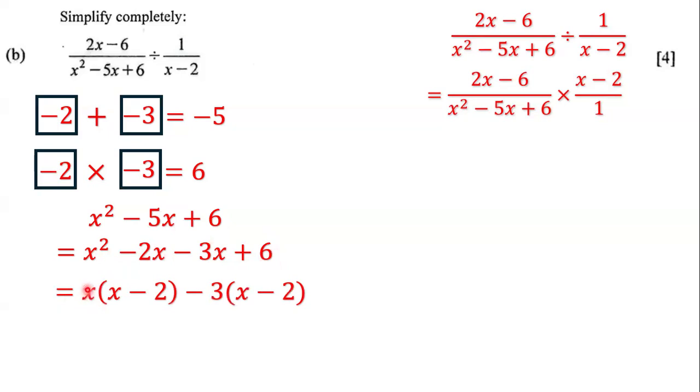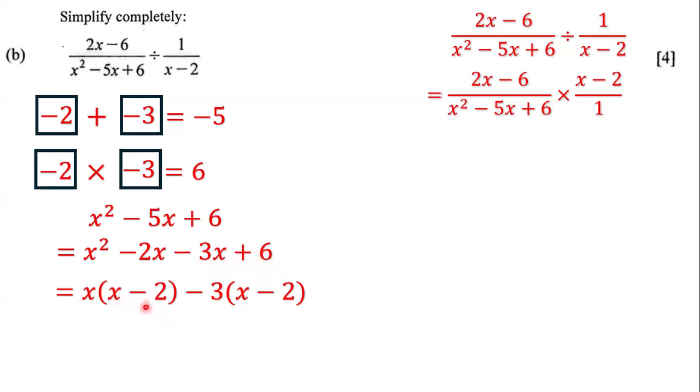And it makes sense because x times x is x squared, and x times -2 is -2x. So this expression is good. Now here, we're going to factor out -3, because -3 times x is -3x, and -3 times -2 is +6. And so we successfully factored this expression as well.